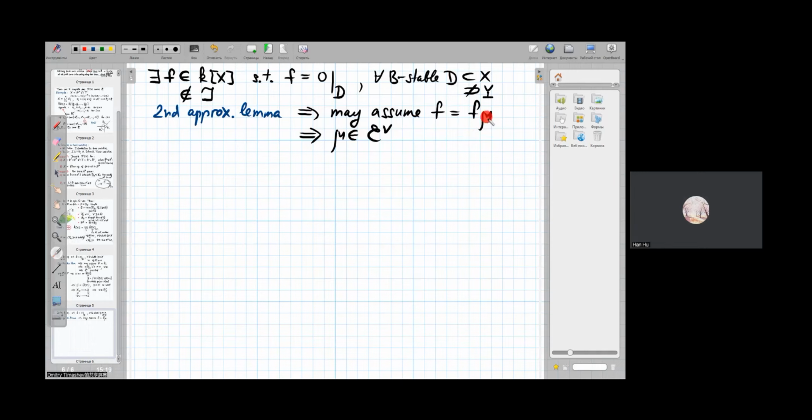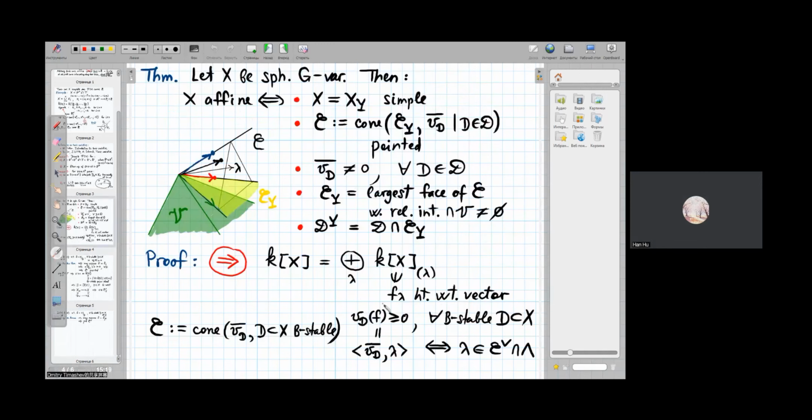And the pairing of mu with the divisors containing Y is zero, because f does not vanish on Y, and therefore it does not vanish on any divisor containing Y. This means that all these pairings are at least non-negative. Therefore, mu is in the dual cone.